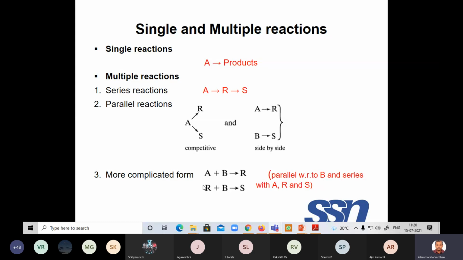More complicated systems, parallel and series combinations, will come.